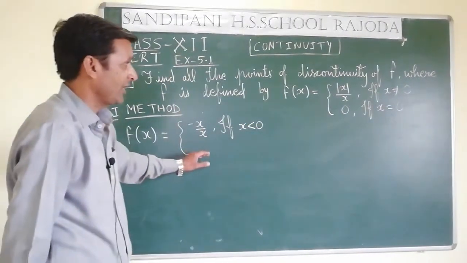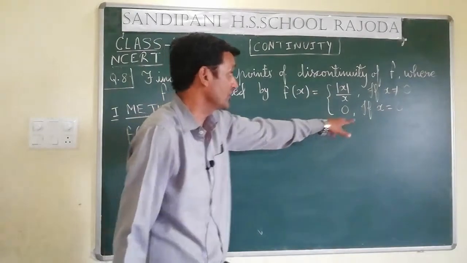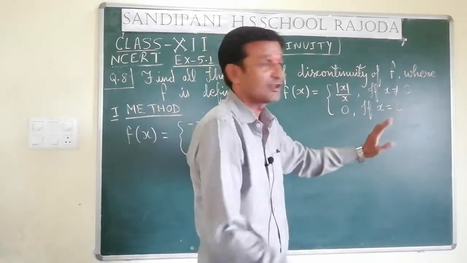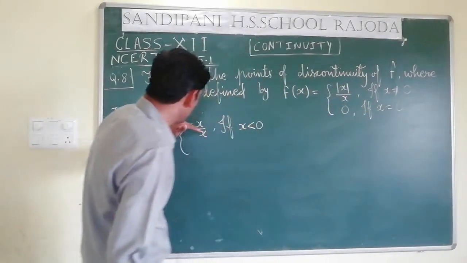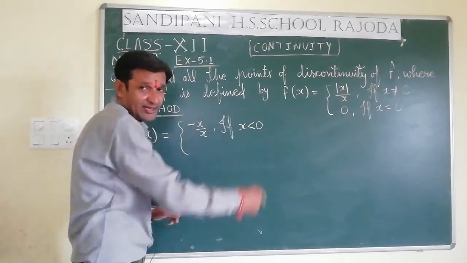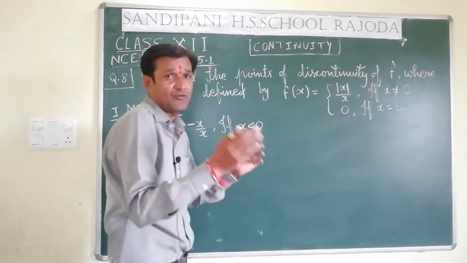It is minus x upon x if x is less than 0, because not equal to 0 means either it is less than 0 or it is greater than 0. So, in case of less than 0 you have to write the minus sign, minus x upon x, because the modulus sign will not be applicable.